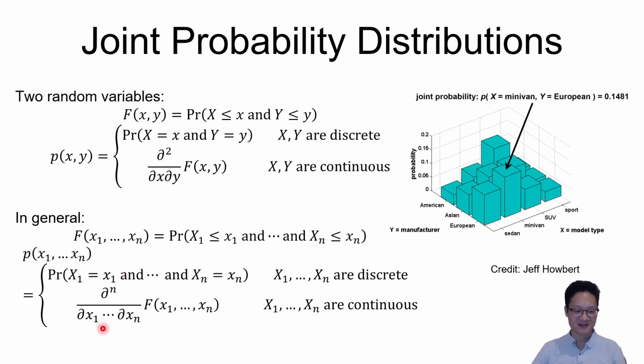For the continuous case, there is no such simple explanation for the PDF, but it's basically going to be the same kind of partial derivative as above, but doing it n times with respect to all of the variables.